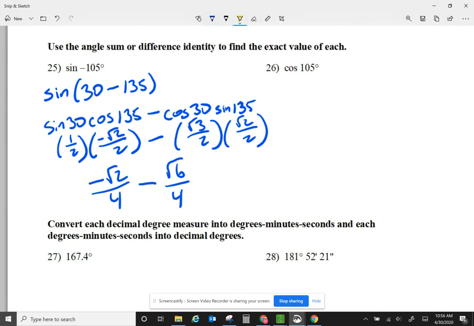Now the negative from the first fraction is right there, right? That's where the first negative came from. All right, so I'm going to combine it into one whole fraction since I see the common denominator. The denominator is 4, so on the top I'm going to write negative radical 2 minus radical 6.